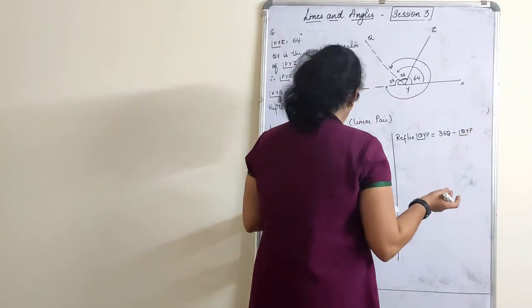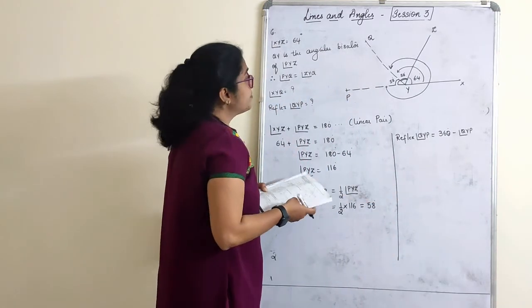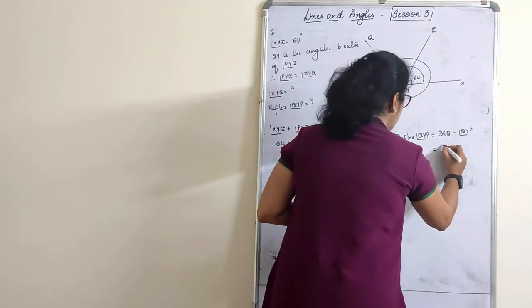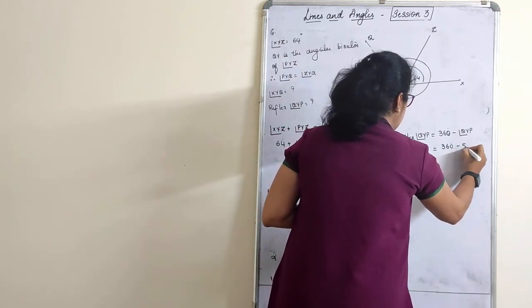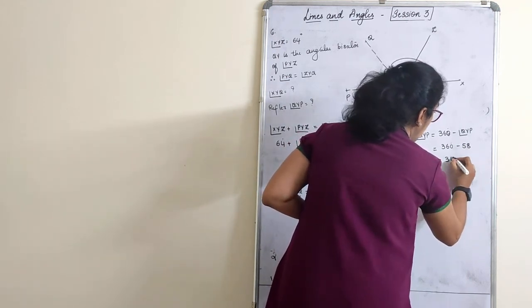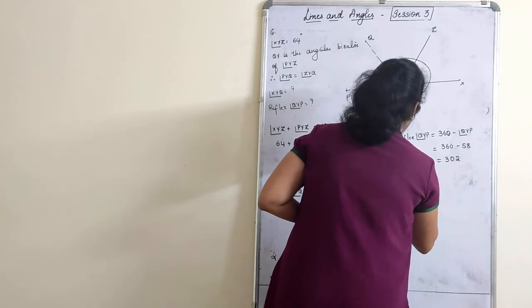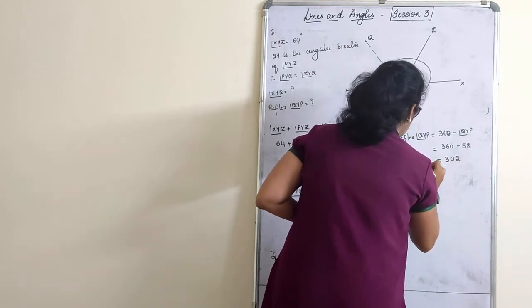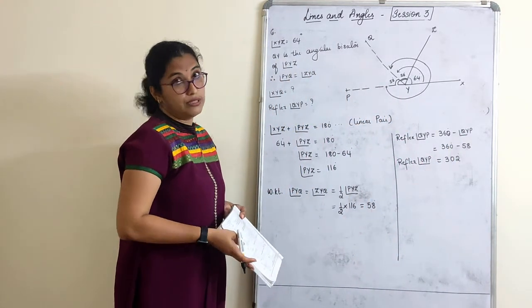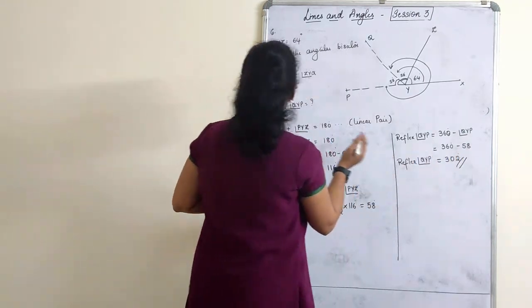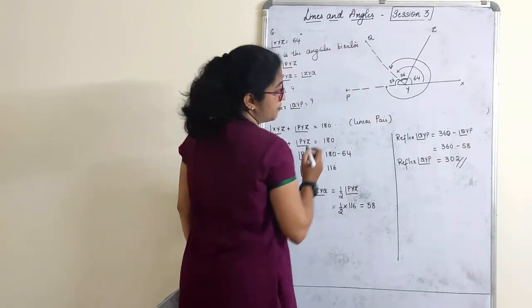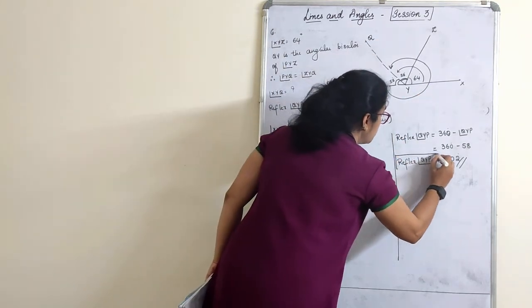So it is 360 minus 58 degrees, which is 302. So reflex angle QYP is equal to 302 degrees. Anything else to be found out? XYQ. Where is your XYQ now? This is to be found. Put the answer in a box.